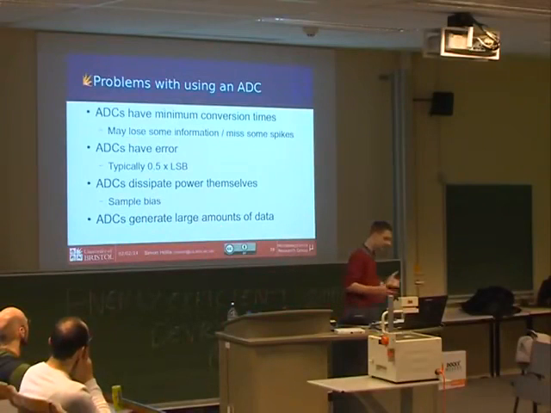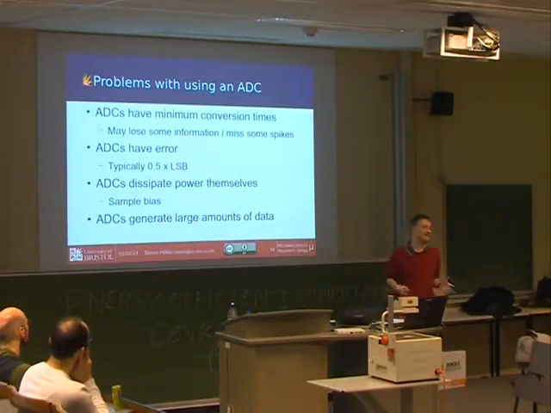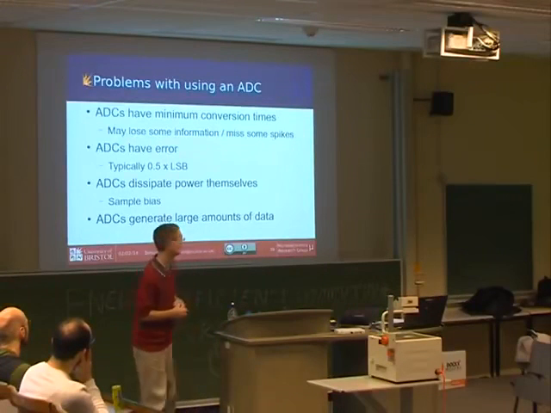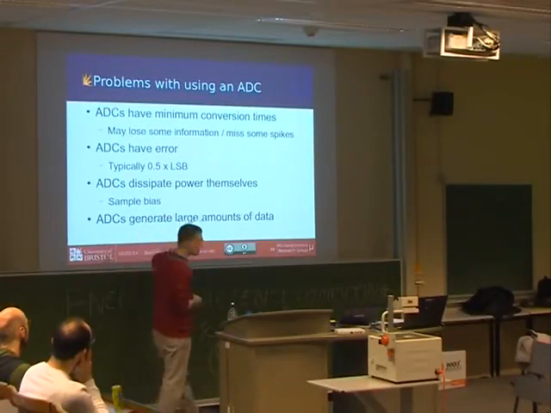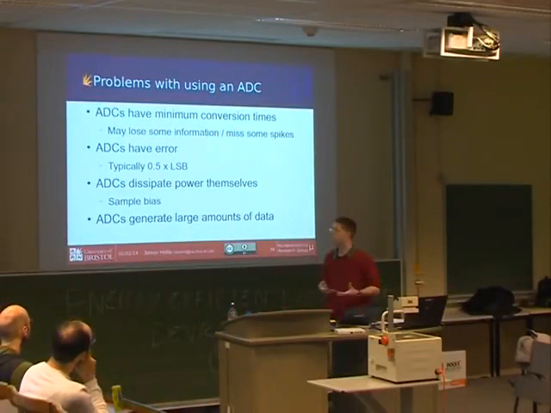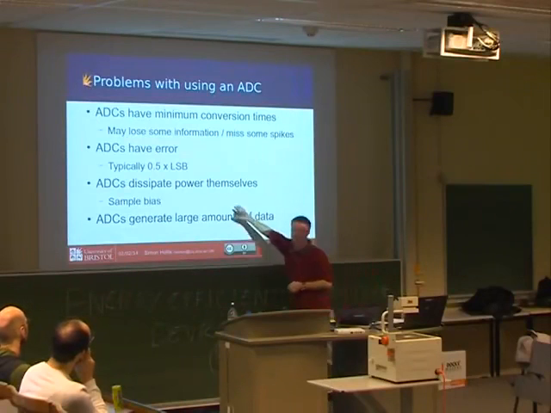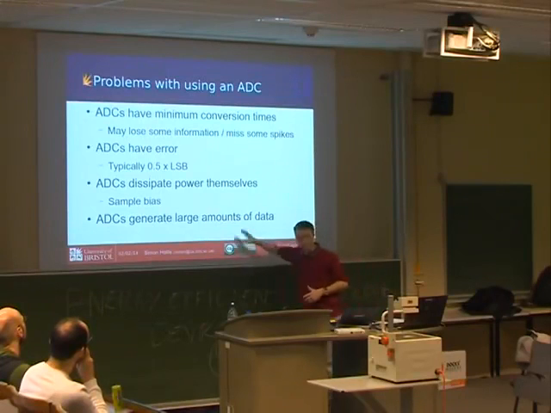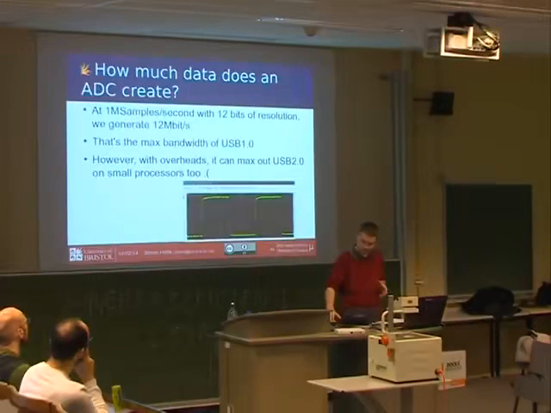When you take a value out of measurement, you should basically discard the least significant bit, or at least average it over multiple cycles, because that will essentially randomly flip, depending on exactly how your ADC operates. There's a minimum conversion time, so the ADC puts a speed limit into the measurement, and you can't measure faster than the ADC. They themselves dissipate power, so there was a question earlier about that: it gives bias on the sample, and you've got to remember to take that off. And the final one, they generate quite a large amount of data, even a small, quite slow ADC.